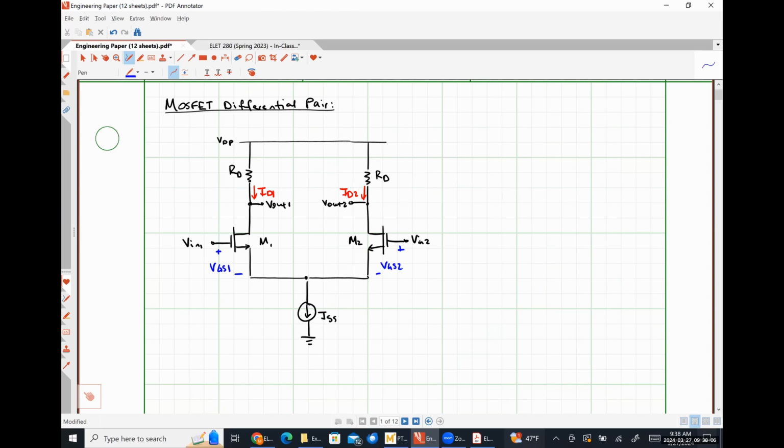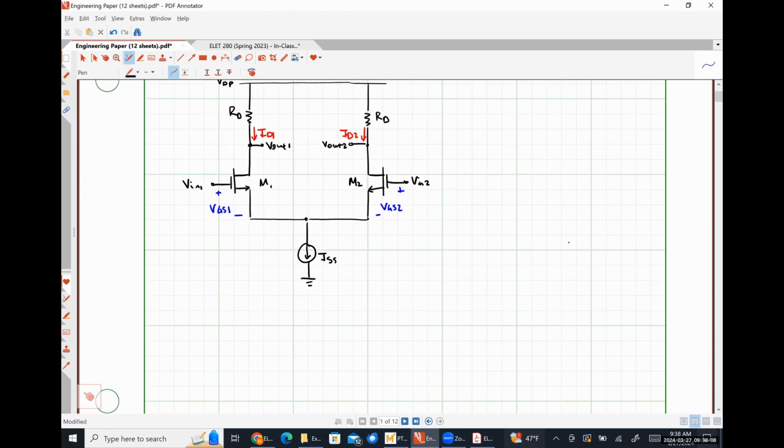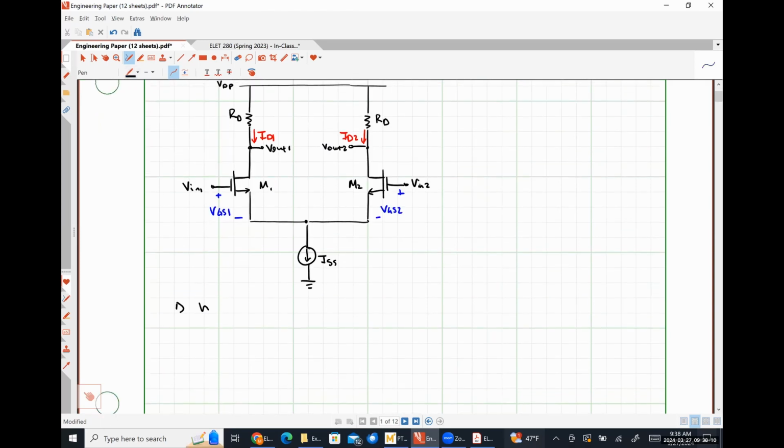So what happens when a common mode signal is applied to the inputs?